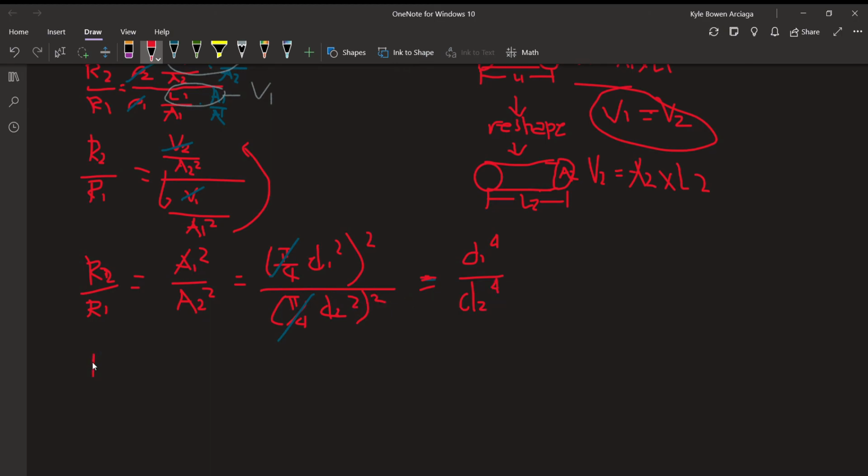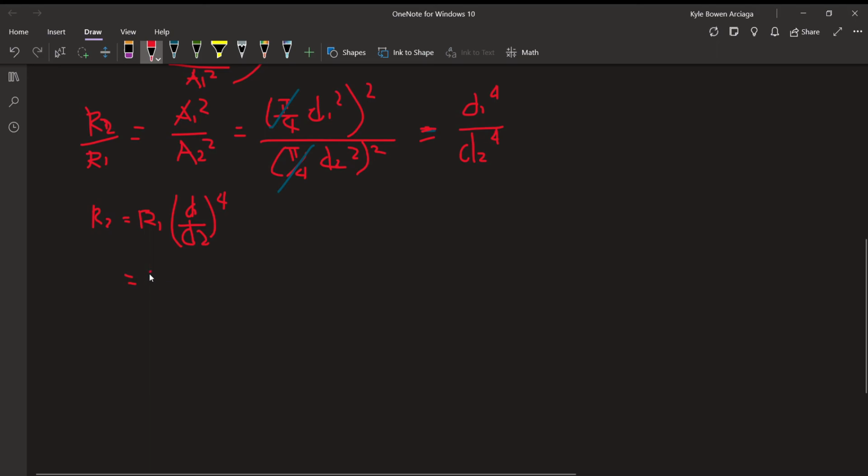So R2 will be R1 times d1 over d2 raised to 4.